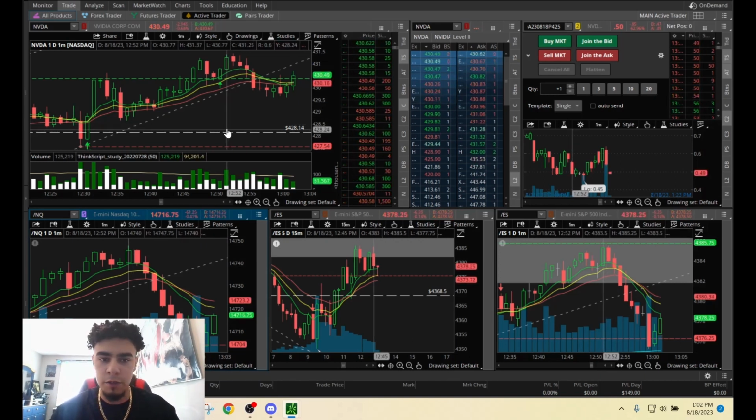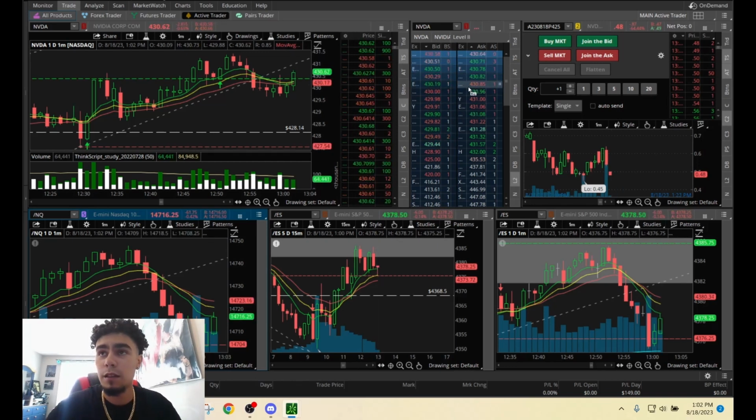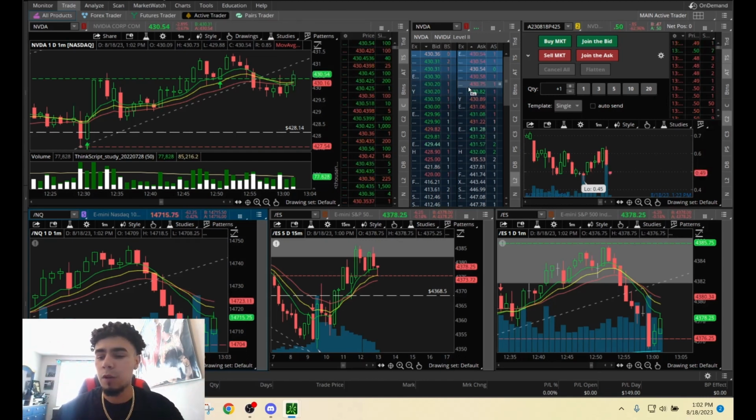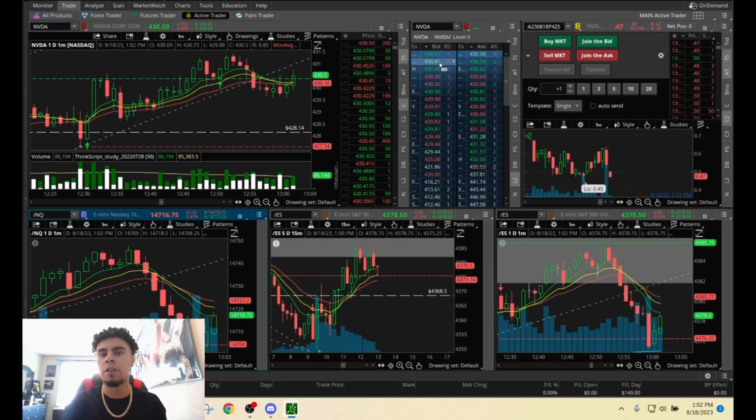Another thing I use level 2 for is to see, it helps me read momentum, is seeing the incremental changes into your key level. So for example, a stock could be moving in 10-cent increments, but then when momentum starts truly picking up, it might move from 10-cent increments. So for example, 430 and 10 cents up to 430 20 cents, 430 30 cents.